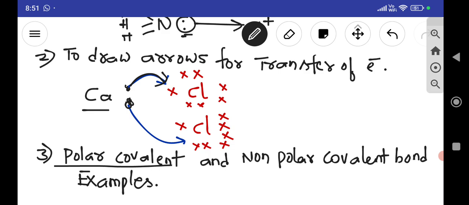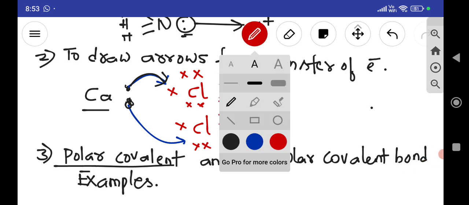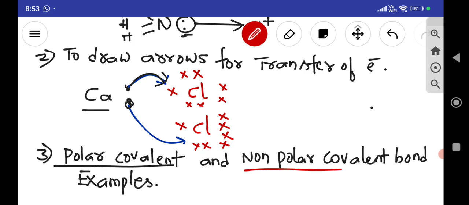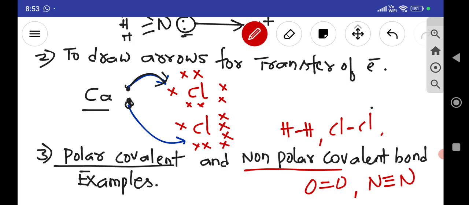Then examples of polar covalent bond and non-polar covalent bond. You know very well, there is confusion between polar covalent and non-polar covalent. When you have the same atoms like H2, Cl2, oxygen double bond O, N triple bond N, because they have the same electronegativity, it has non-polar character.